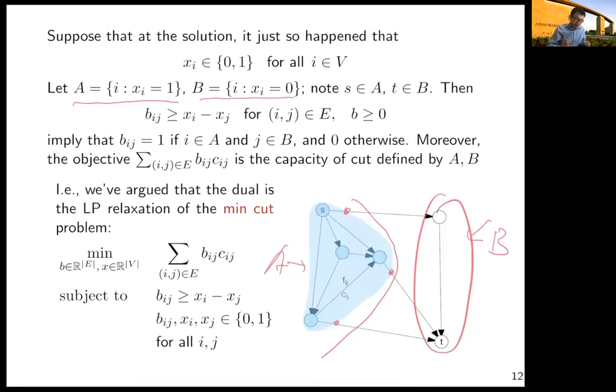It's a very similar style of problem, and they're both combinatorial, but different from the max cut, which is an NP complete problem. We know that the min cut can actually be solved very efficiently in polynomial time.